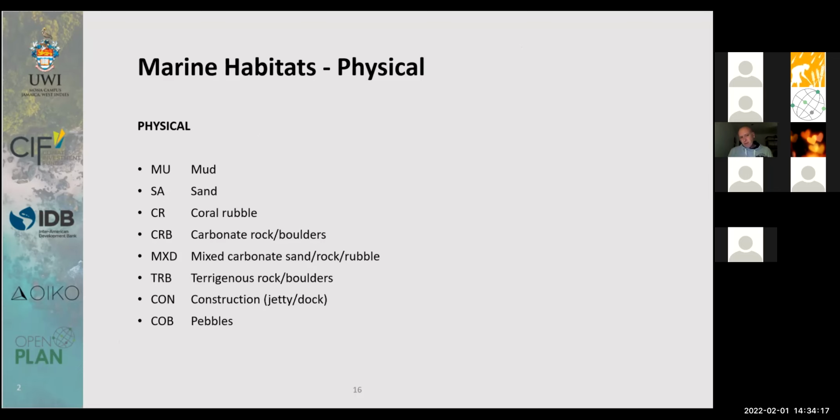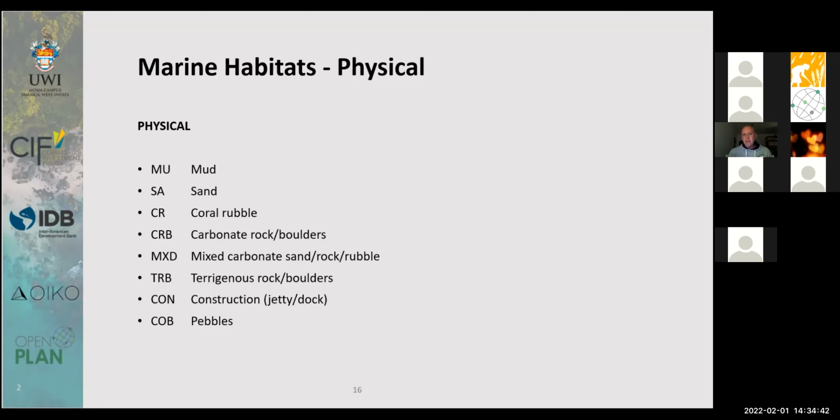But it's clear from a marine habitat map, for those geographers that are on the attendance list, that we do need to understand the physical substrate. And so a mapping capability to appreciate different types of substrate is going to be important to determine coastal vulnerabilities in certain areas.